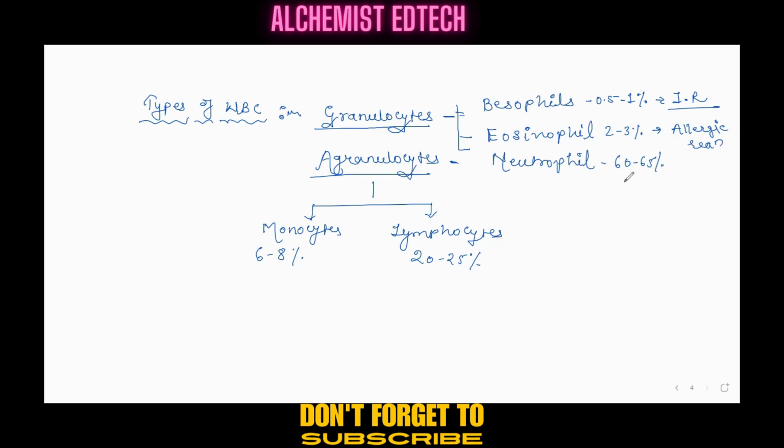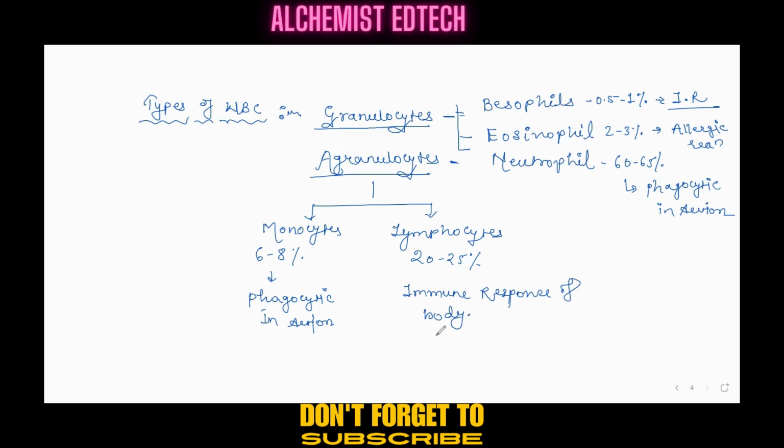Then neutrophil is phagocytic in action, and similarly monocytes are also phagocytic in action, and lastly lymphocytes are involved in the immune response of the body. Okay, so this is about the types of WBC.